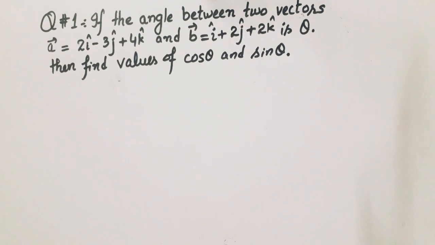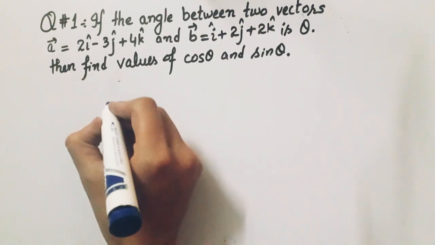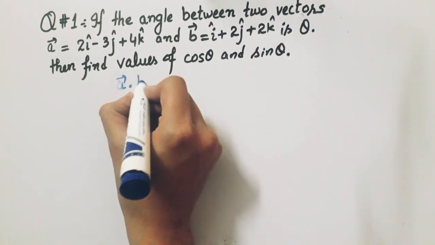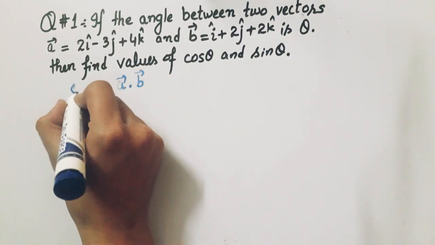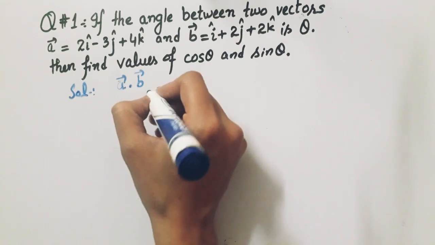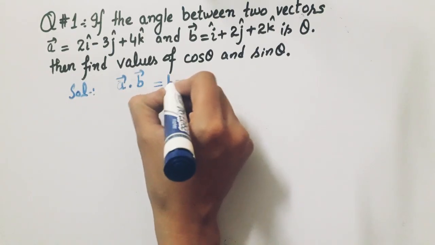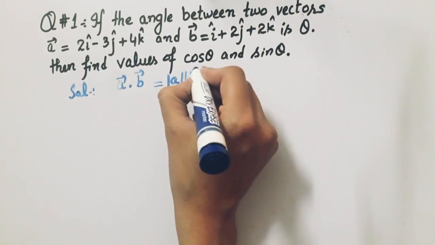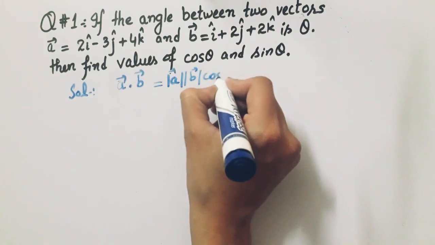Now in this question, we will use two formulas. First of all, we know that A dot B, the dot product, is equal to the magnitude of A times the magnitude of B times cos theta.